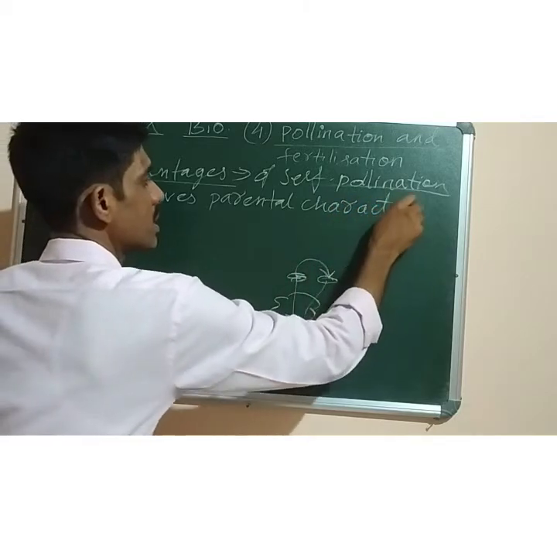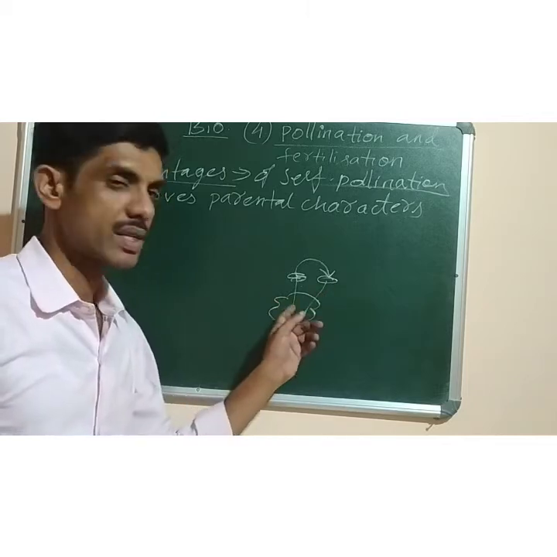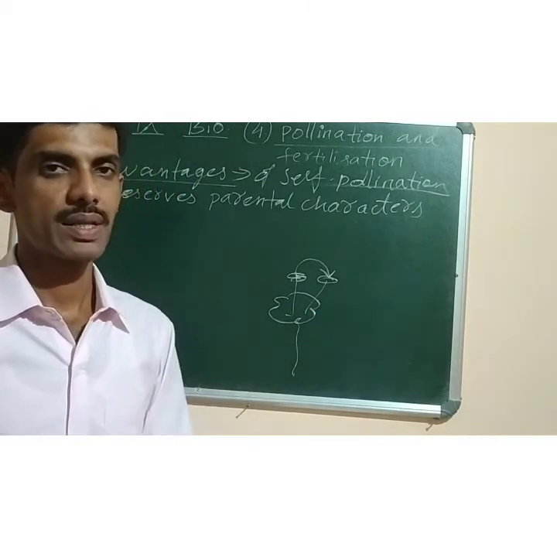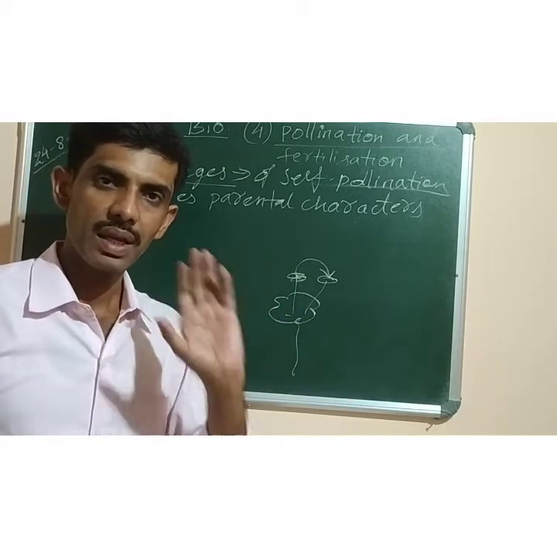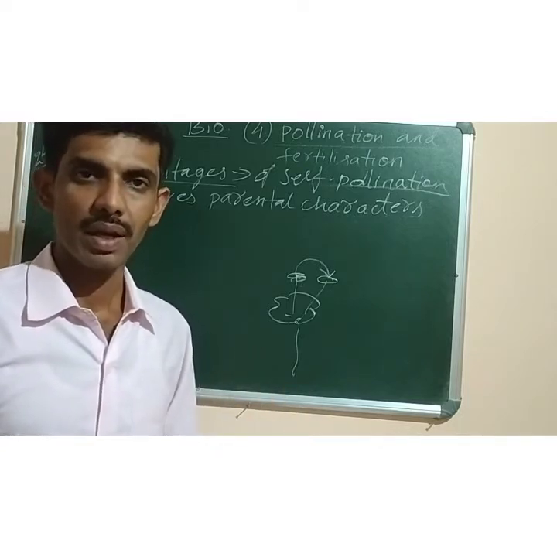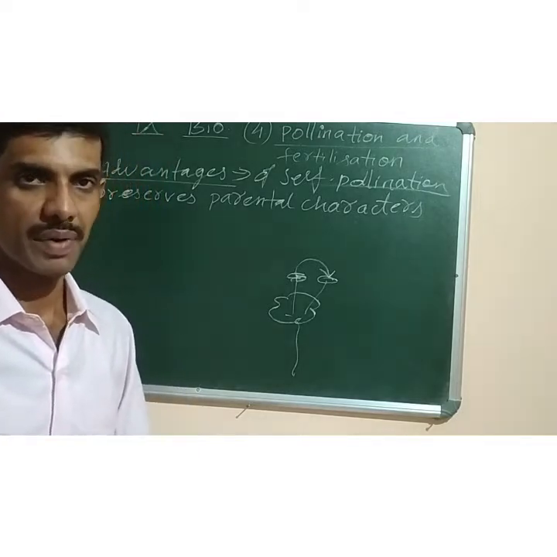How? Because within the same flower, pollination is carried out of a single parent. So whatever characters of the parents are there, they will remain intact. Intact means they will remain inside that plant. No new characters from outside will be coming there for hybridization to bring about new appearance of characters.